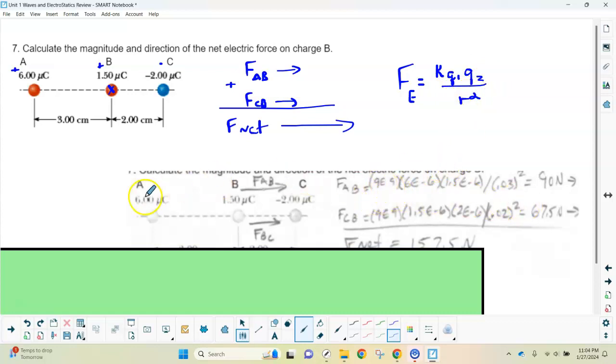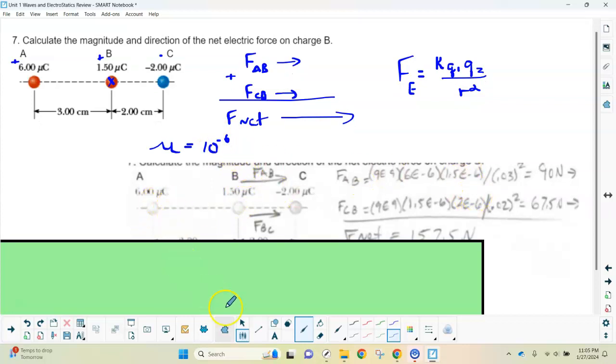For A and B, it's 9 times 10 to the 9th. These are microcoulombs. Micro as a prefix is times 10 to the negative 6. So it's going to be 6 times 10 to the negative 6, and then 1.5 times 10 to the negative 6. And then I need to divide it by the separation or the distance between them squared. So 3 centimeters, we don't work in centimeters, it's going to be 0.03 meters. And then we have to square that. And then again, same idea for 2 centimeters, it would be 0.02.